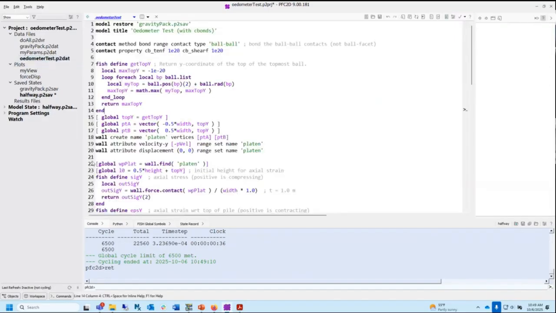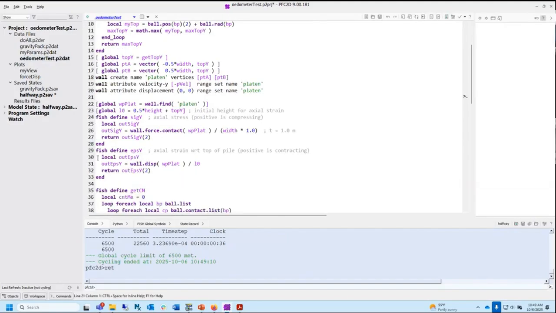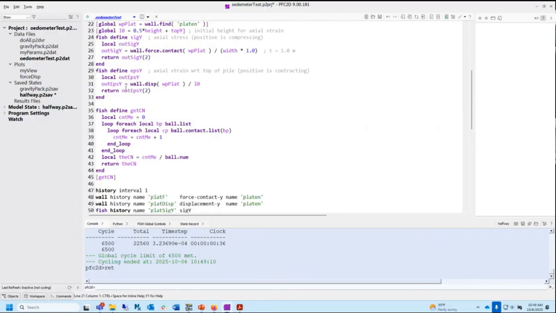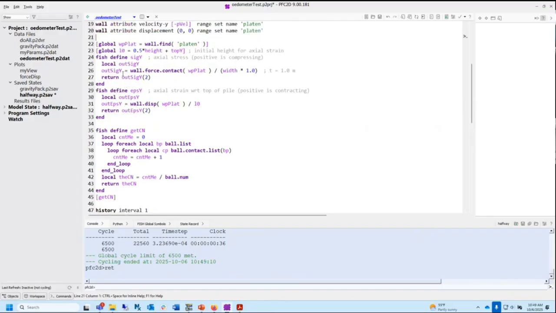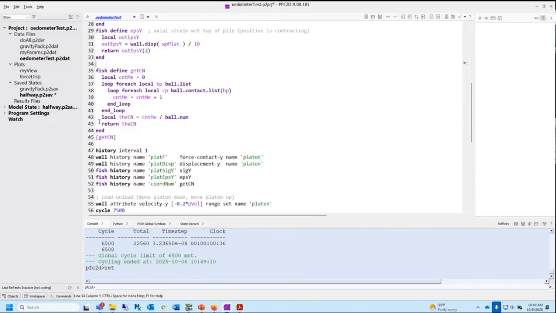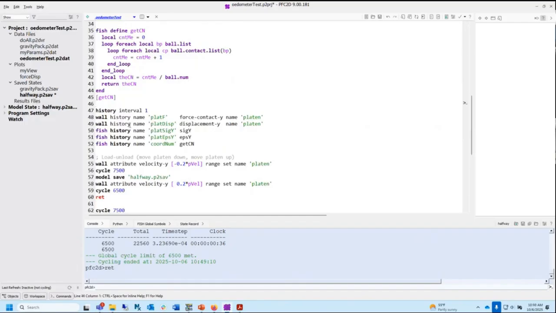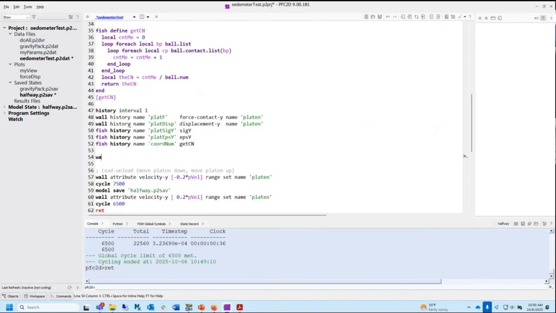Let's just go to the platen wall. It's all going to get weird. No, it's not. Okay. We're only using the platen wall to compute the stress, and we're only using the platen wall to compute the strain. We're not using the side walls to do any computations. So that means we should be able to just delete them. So just before the test starts, delete the walls.